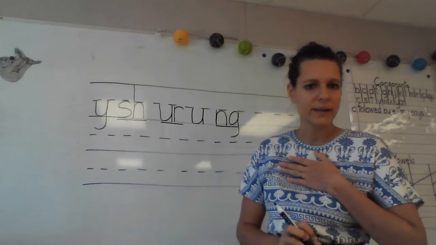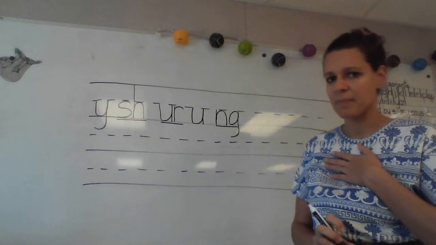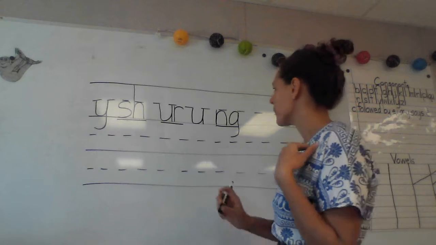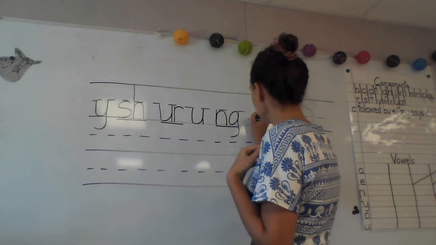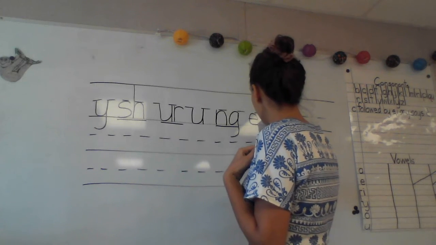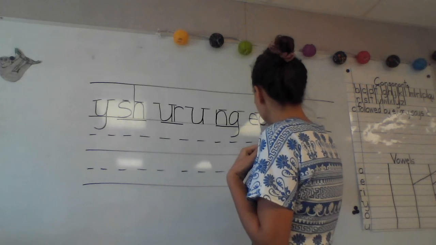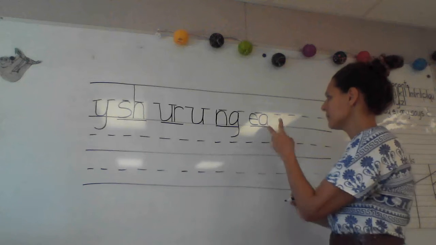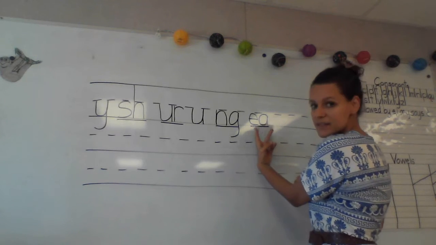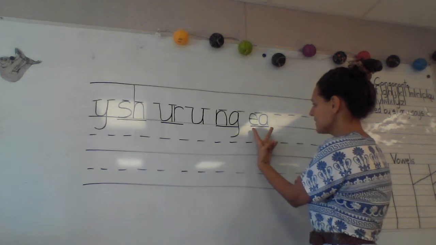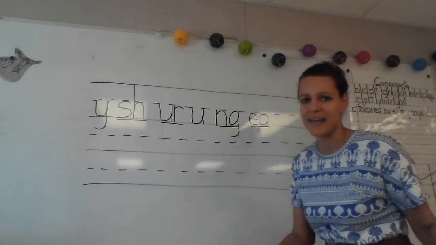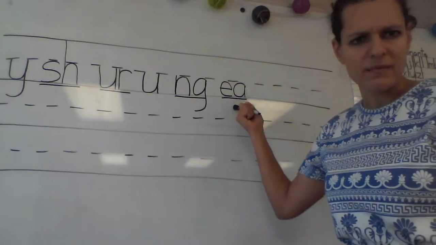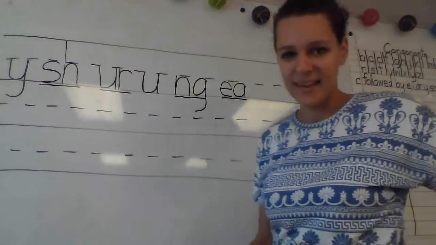I always messed up one of the sounds when I was learning them. But now, when I have my fingers to help me, that helps me remember that this is my E, F, A. So remember, my fingers help me because the first sound is E and the first letter is E, and the last sound is A and the last letter is A. So hopefully using your fingers is helping you so you don't have trouble with this one like I did.